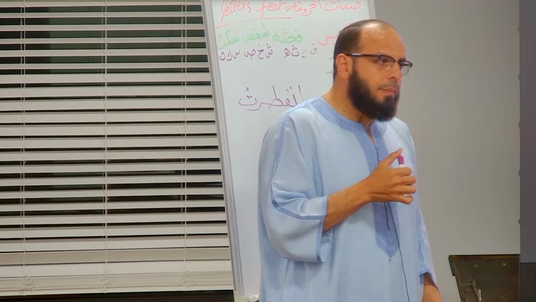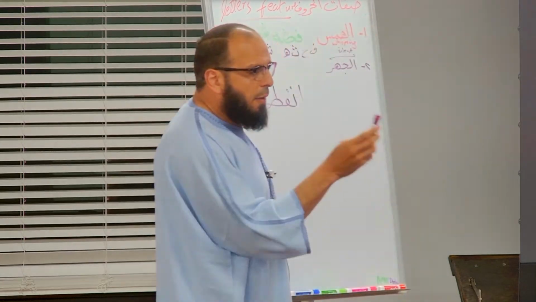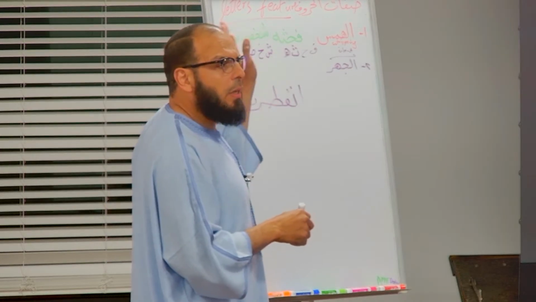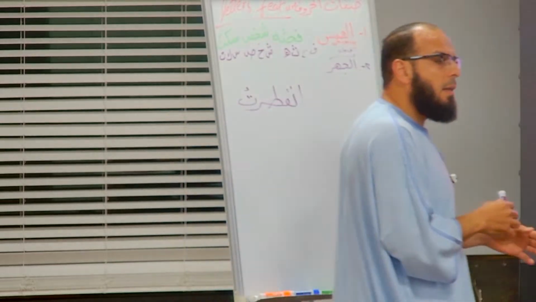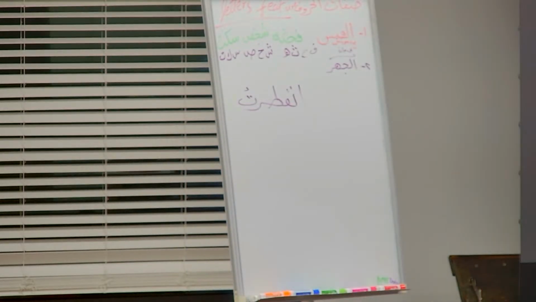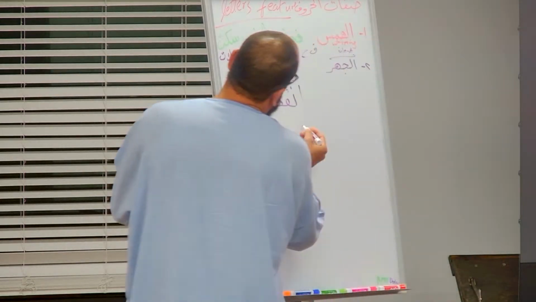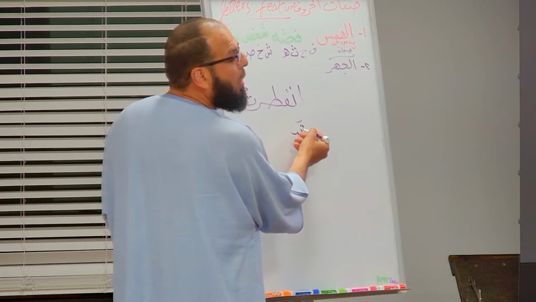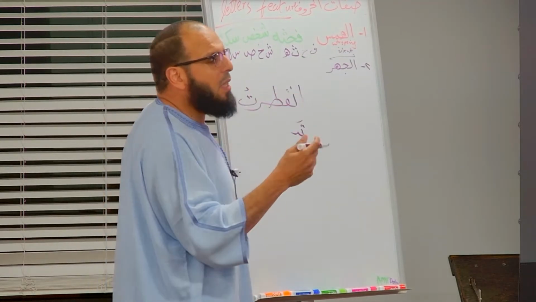Example of? Find me a word with a ta in the middle. It doesn't have to be ta, any letter. Tabbat, yes, tabbat, but that's at the end. Yeah, ta. So you cannot say it with no hams, it will be almost dal.